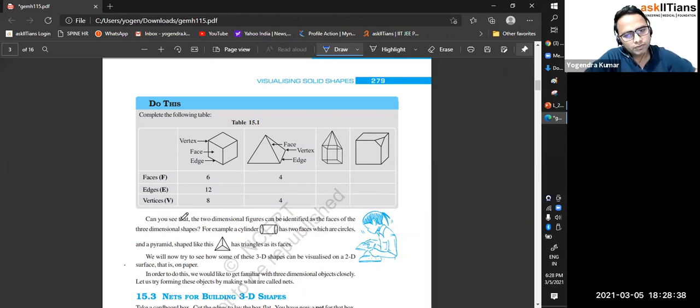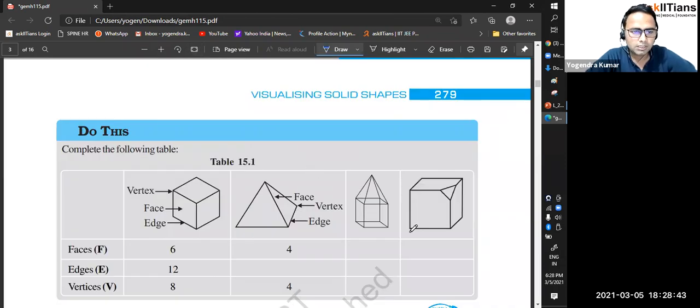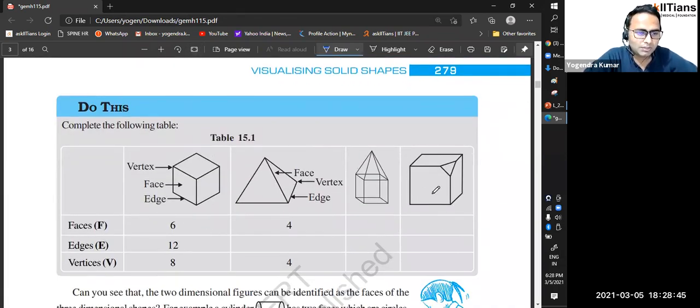If we want to revise this particular shape, the last one, we can look at it again. How many faces are there? Generally 6 faces are there in a cube or cuboid, but here, by cutting off one corner, we are getting 7 faces. How many vertices are there here?